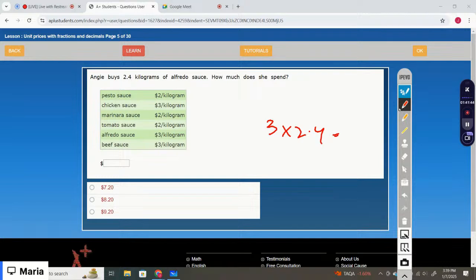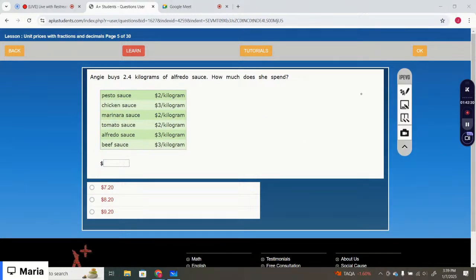So 3 times 2.4 equals 7.20. The correct option is 7.20.